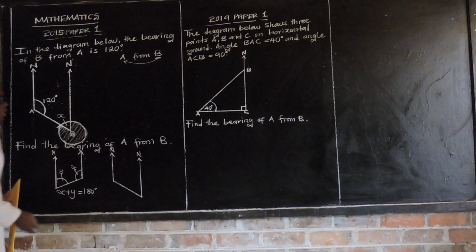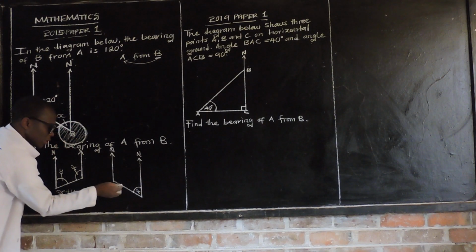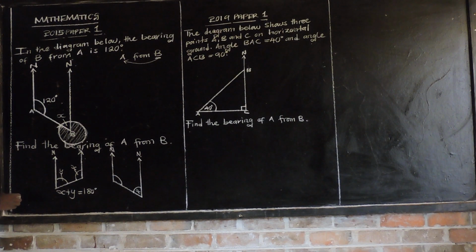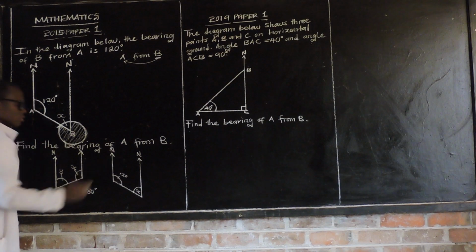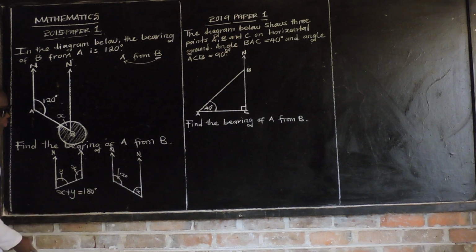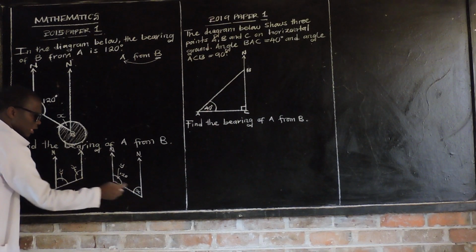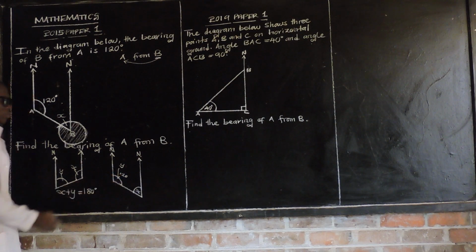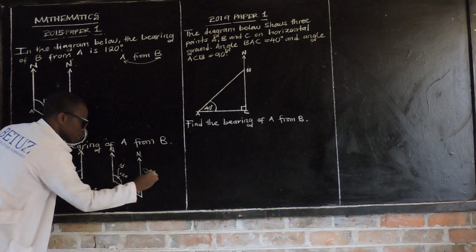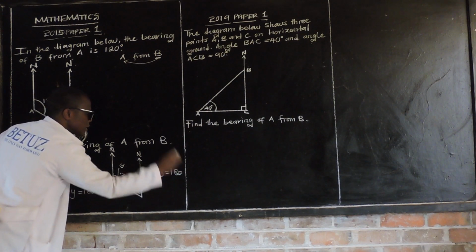Then you have this angle, which is angle X, and this other angle, which is 120. Let this 120 be Y. We know that X plus Y is equal to 180. These two are supplementary. These are called allied angles, angles on the same side of the transversal. So we just say X plus Y is equal to 180.